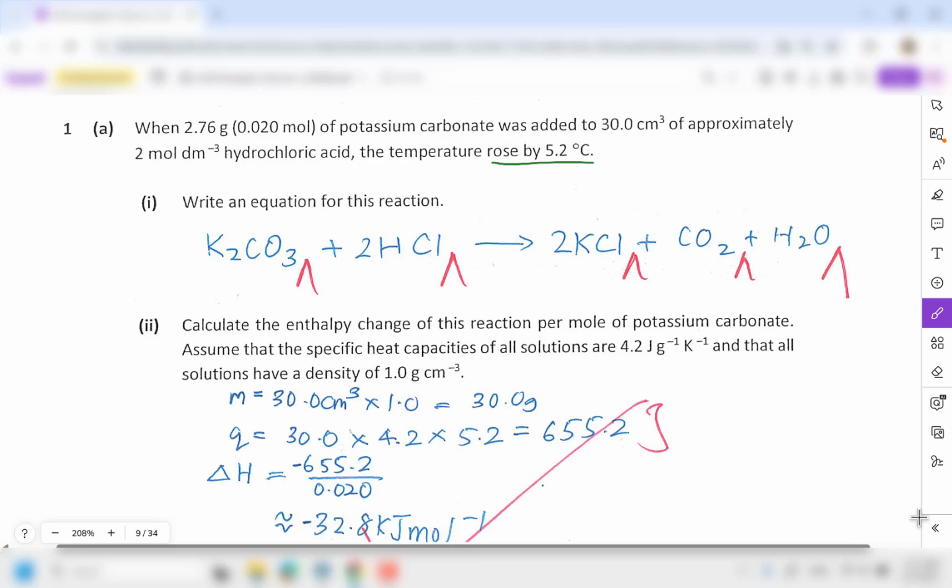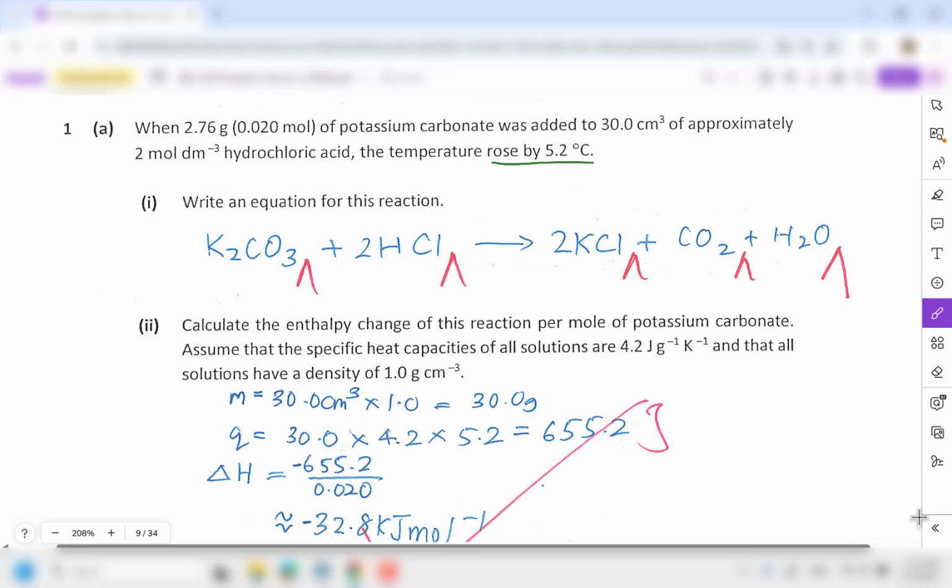You have to remember that whenever you write balanced equations for energetics calculations, you need to include the state symbols. It's pretty important, because the state of the reactant will result in different enthalpy changes at the end of the day.